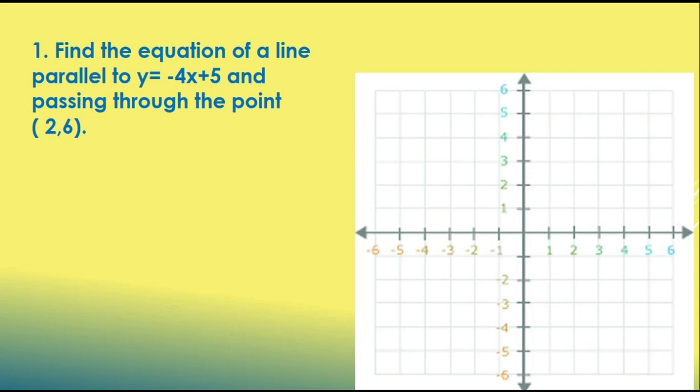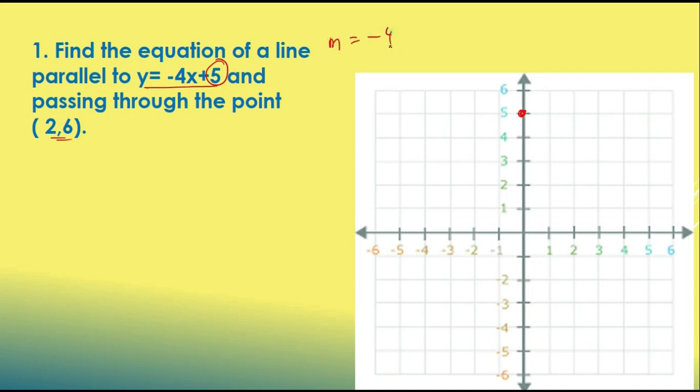The next type of question is finding the equation of the line parallel to this line and passing through the point. So parallel to y is equal to minus 4x plus 5. Can we roughly see this one? The y-intercept is 5. 5 is here. Slope is negative 4.